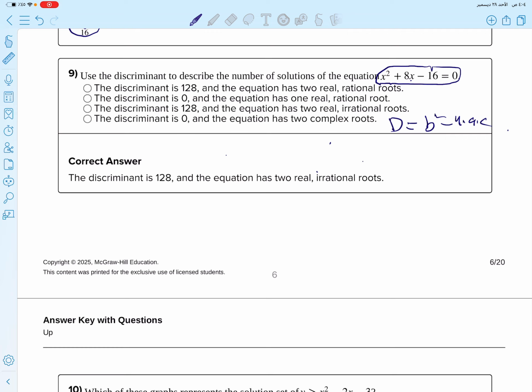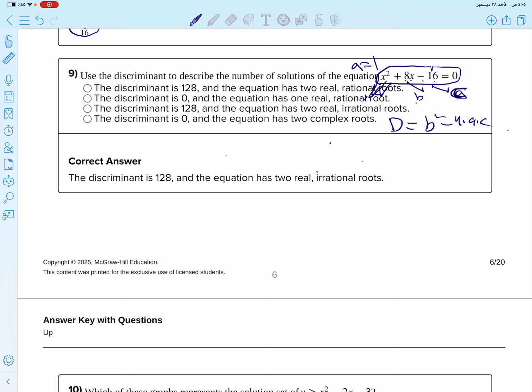This is the formula. This is b, this is a, and this is the coefficient of x squared, a. Sorry, this is c. Negative 16 is c. 8 is b and a equals 1.